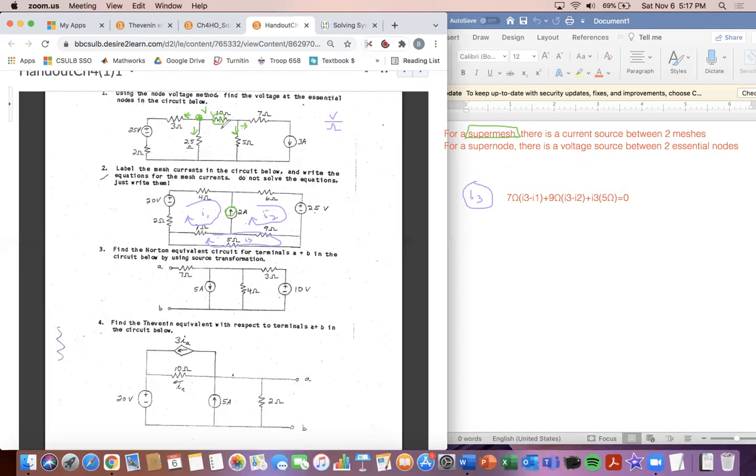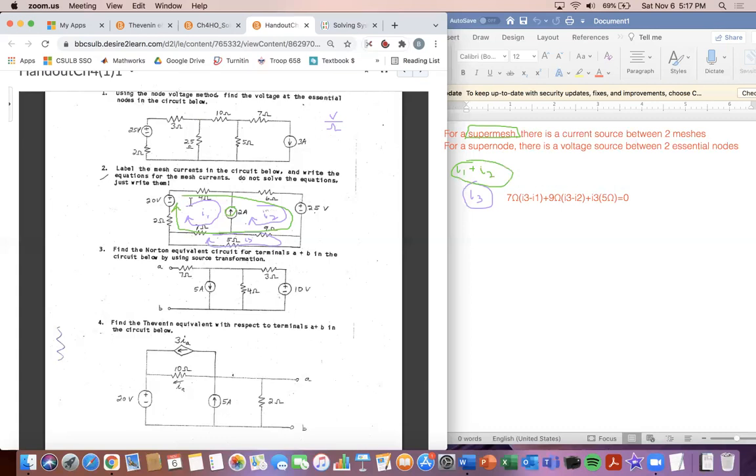What we have in this example is a super mesh, because there's a current source between two meshes. So we're going to form one big mesh, and I'm going to call it I1 plus I2, which makes sense based off the drawing. Let's write the equation.